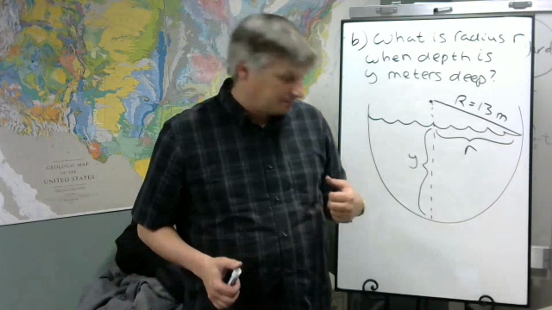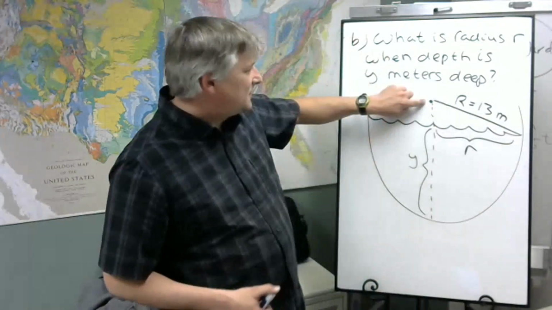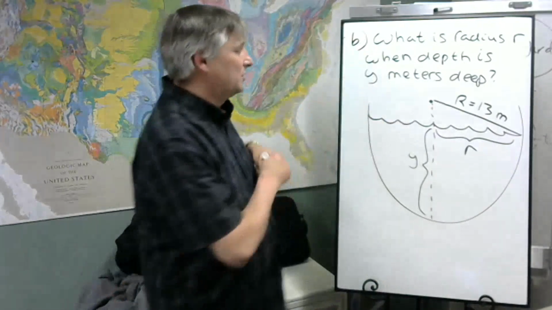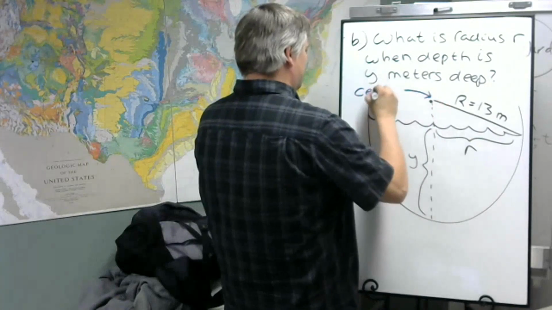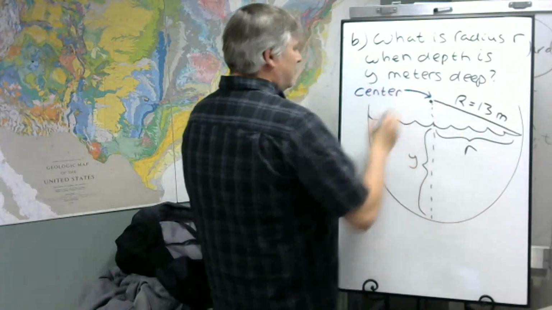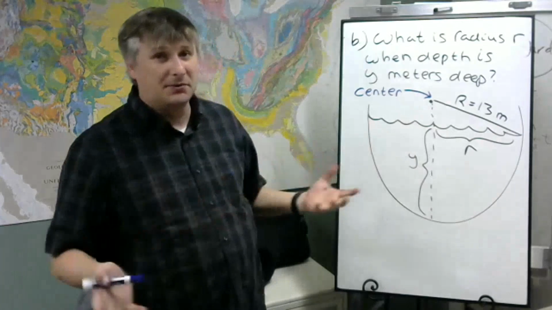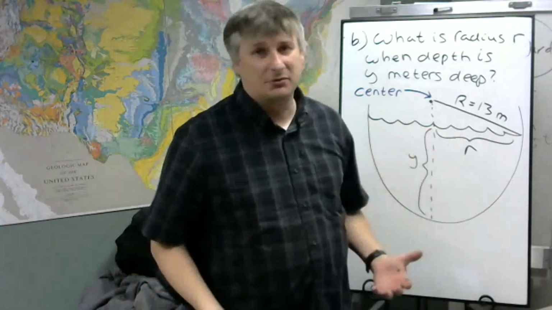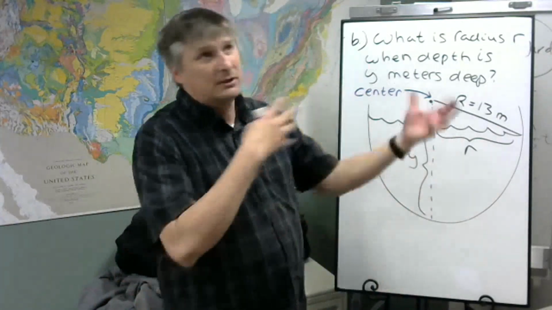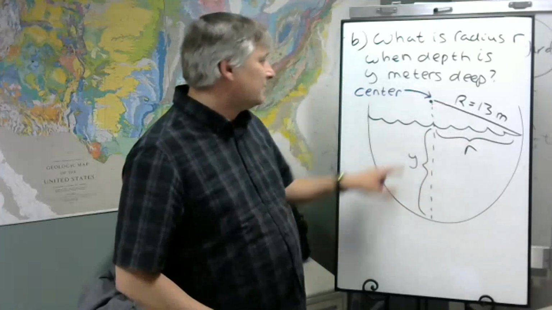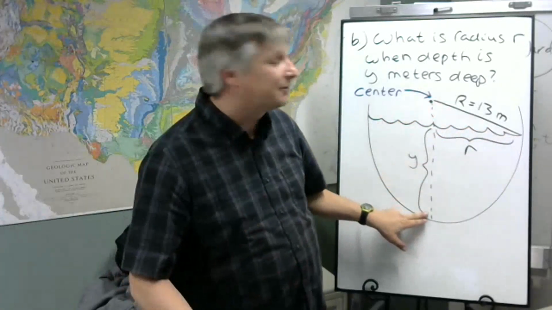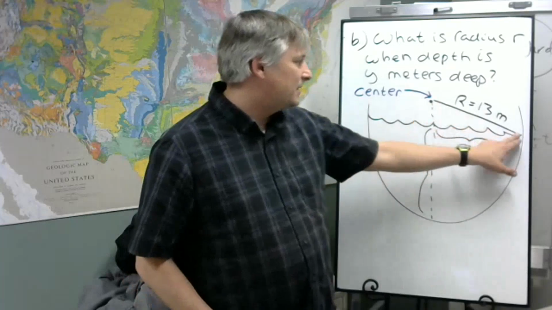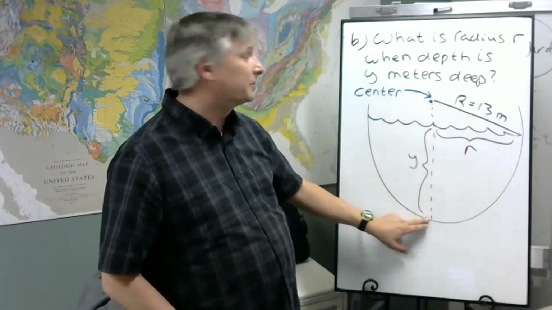And we actually can. So this is the center of the bowl. I should mention that this is not drawn to scale, unfortunately, or to correct proportions, but this would be the same radius. This is 13 meters, and this is 13 meters.